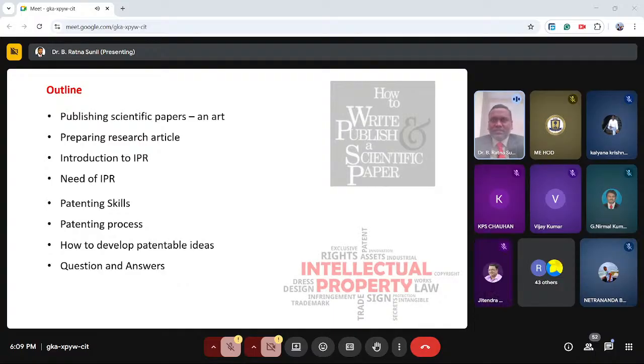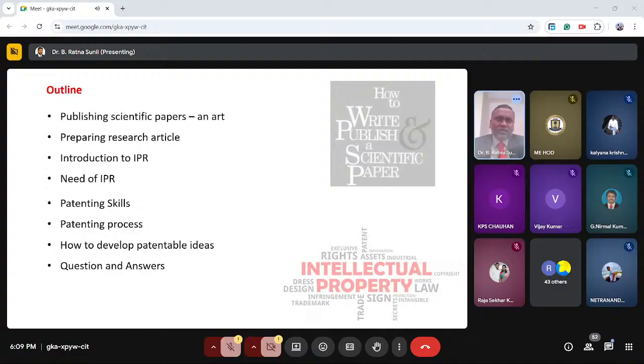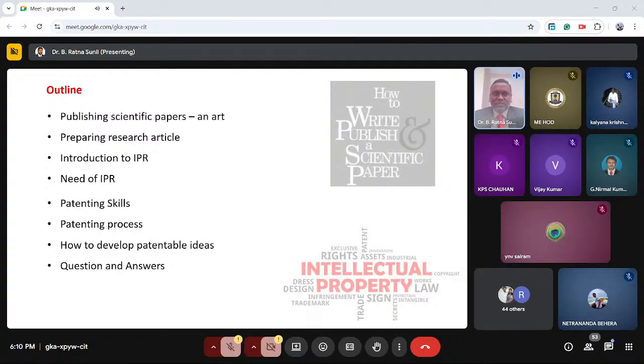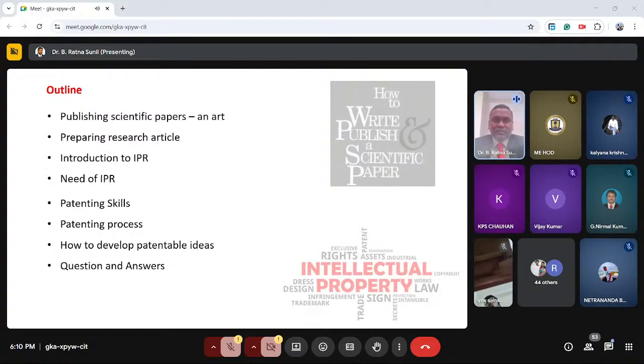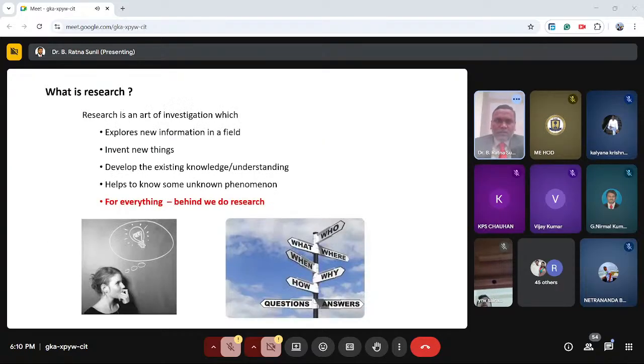The outline of the presentation includes publication of scientific papers and the process, and then we will see some of the IPR concepts, intellectual property rights, and how we can file a patent, the procedure. Some typical cases I would also like to discuss, to practically encourage all of you.